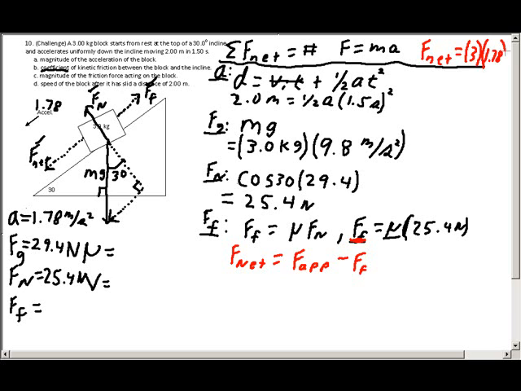So what is the overall force that is being applied here? The answer is the overall force is a negative 5.34. And that came from here. But remember, that's the overall net force. The amount of force that is pulling it down is being countered by the force that is pulling it up.